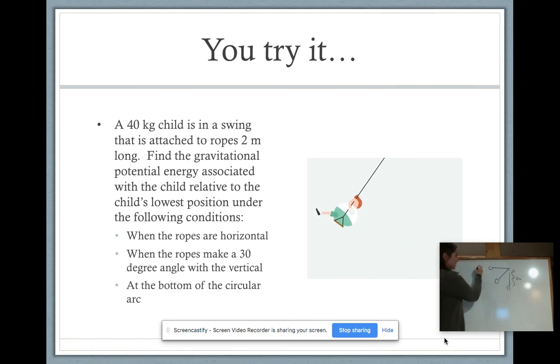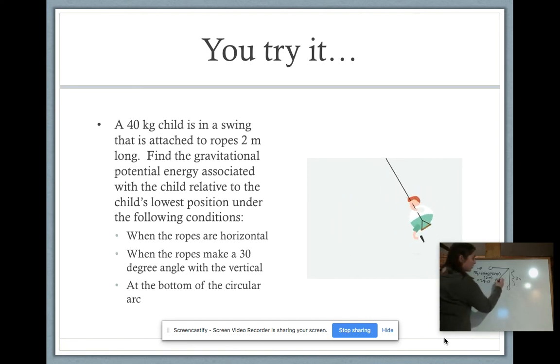So at its top position, PEG is going to be 40 kilograms times 9.8 meters per second squared times 2 meters. So we find the gravitational potential energy to be 784 joules.